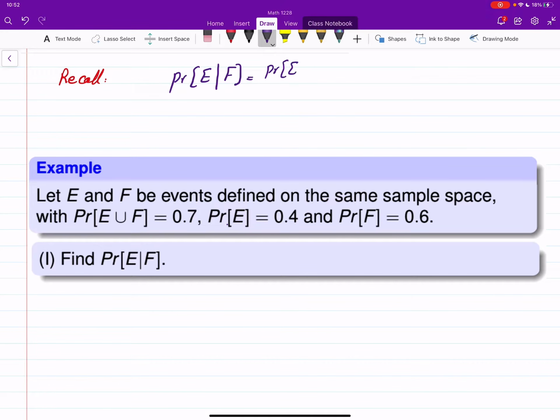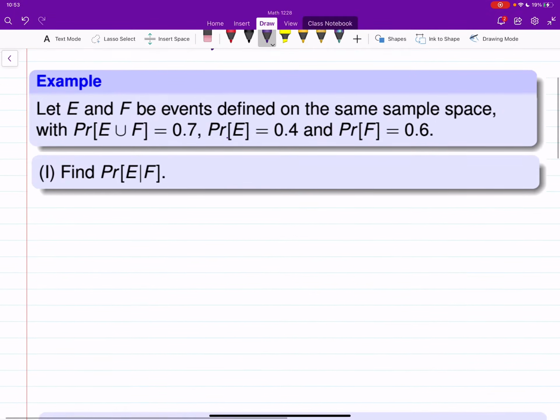The formula is the probability of the intersection divided by the probability of the given part. That's very important to keep in mind: this part is the given event.